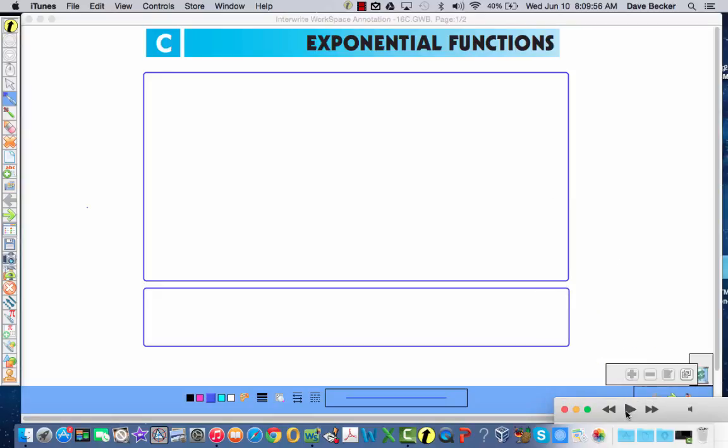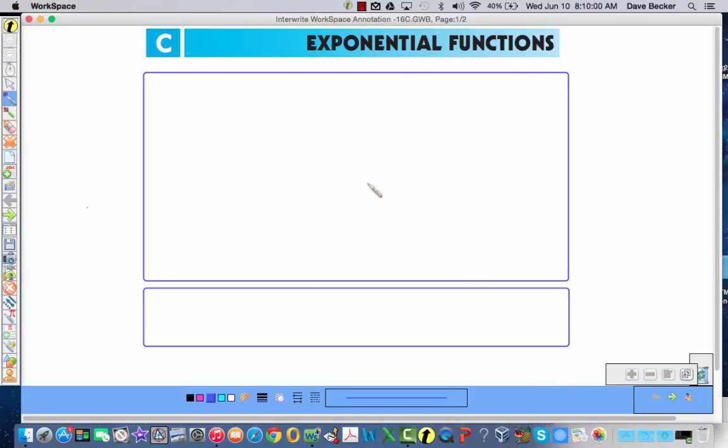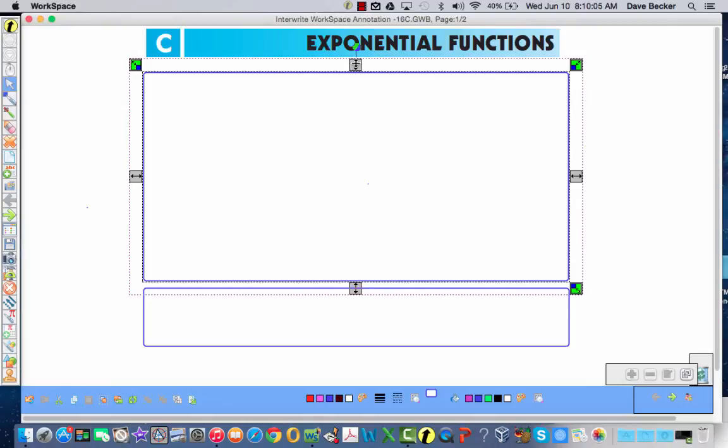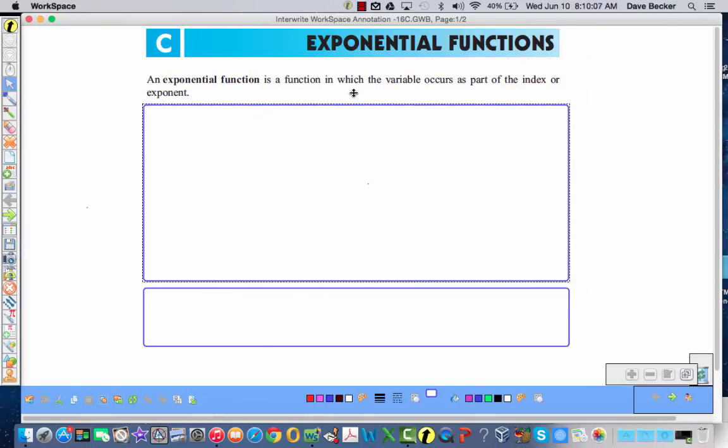We're talking about exponential functions this morning. So let's see what is behind door number one. All right. First of all, an exponential function is a function in which the variable occurs as part of the index or exponent.